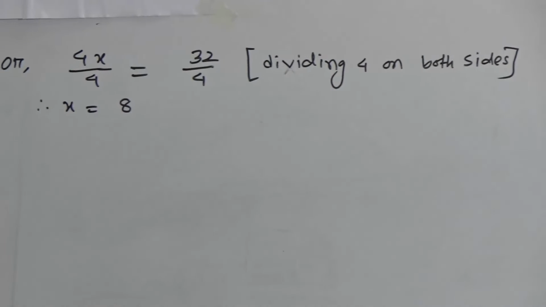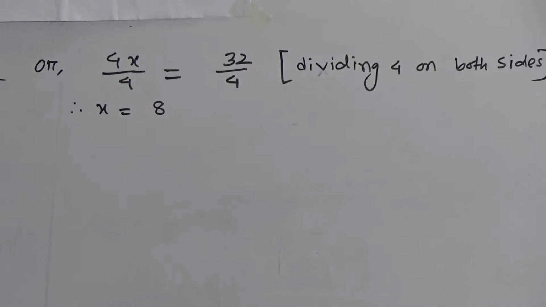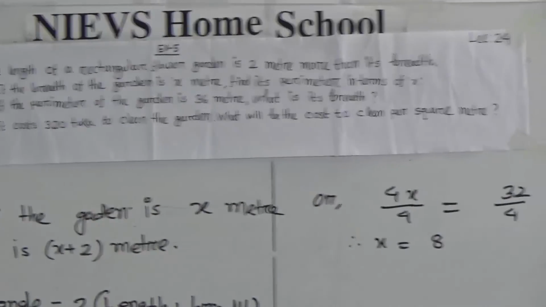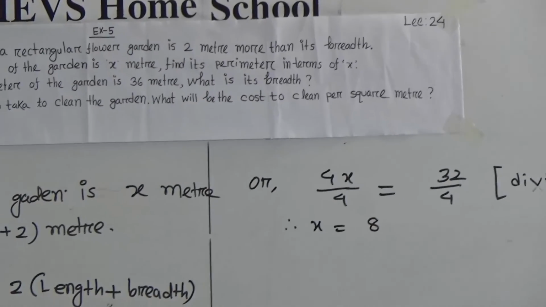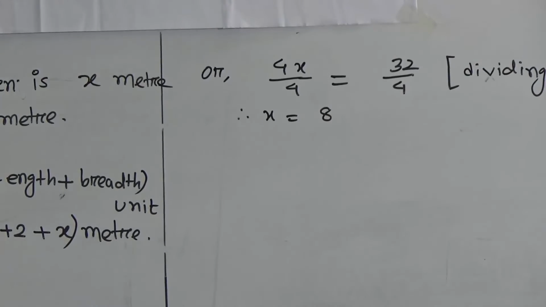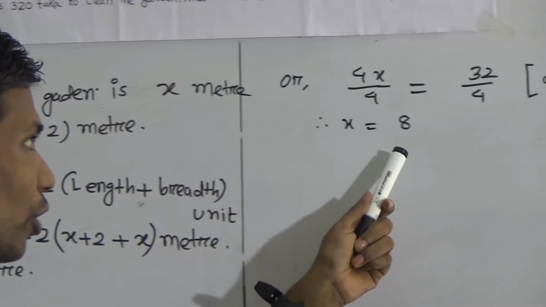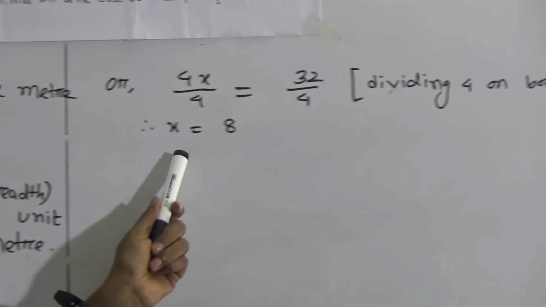You see the question: if the perimeter of the garden is 36 meter, what is its breadth? That means we assume that the breadth of the garden is x meter. So you have got x equal to 8 meter.